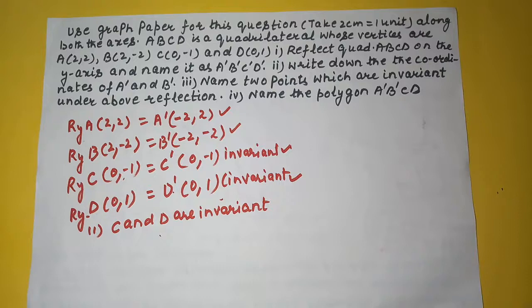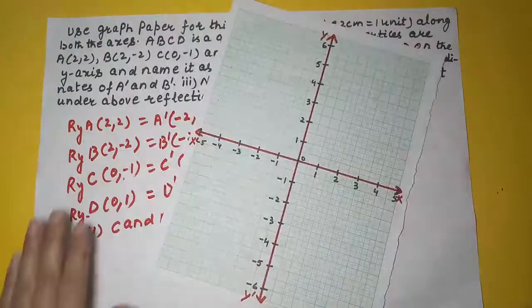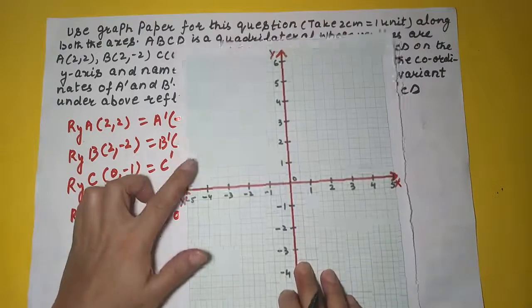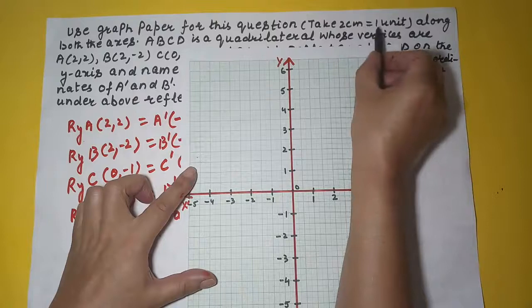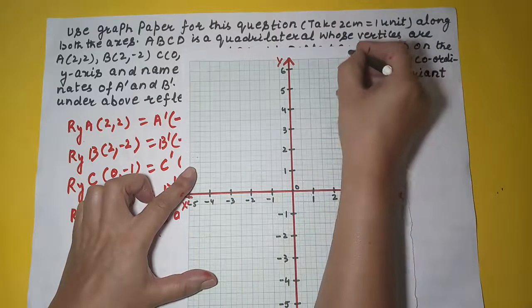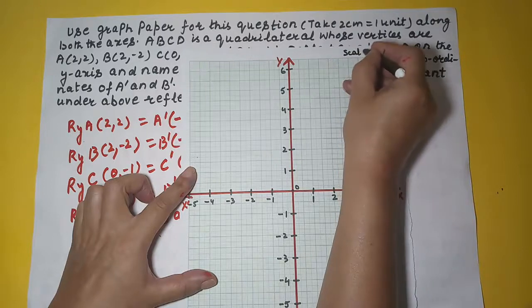Now this we can do only when we will plot the points. Okay, let's plot these points. The scale is given. He's saying 2 centimeter equal to 1 unit. So we have taken 2 centimeter equal to 1 unit. So we will write here scale first.